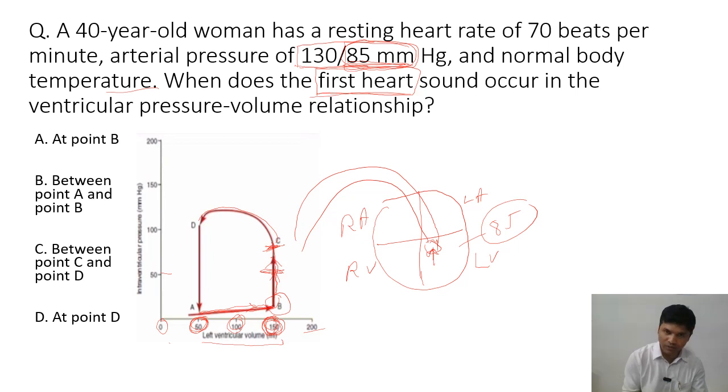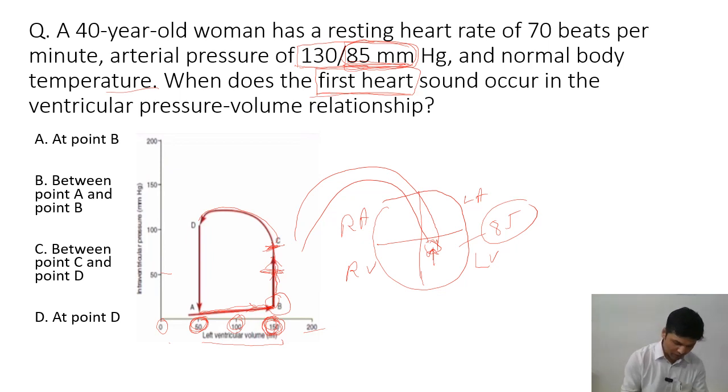At this point of time, the ventricle will start contracting, and once it does, ventricular pressure exceeds the atrial pressure, because atrial pressure is not very high, around a maximum of 10-20 millimeter mercury.